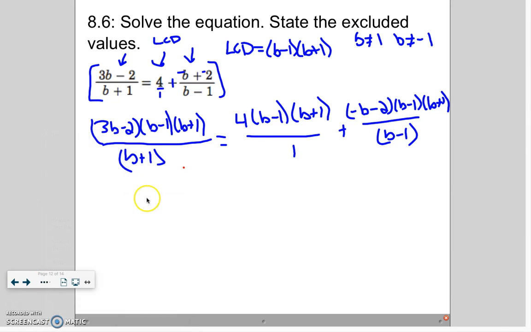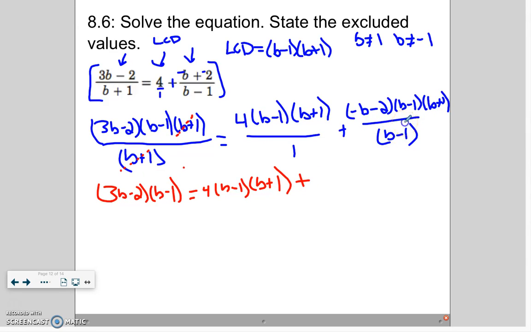So now we're going to go ahead and start canceling. So you see that the b plus 1s are going to cancel, the b plus 1s are going to cancel, leaving you 3b minus 2 and a b minus 1 is then equal to, nothing's going to cancel there, so 4 times b minus 1, b plus 1.